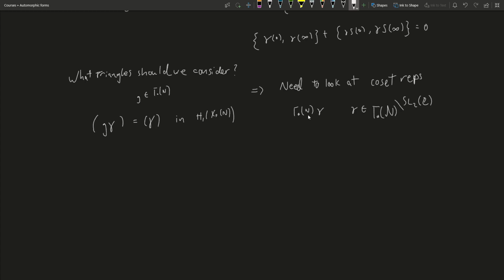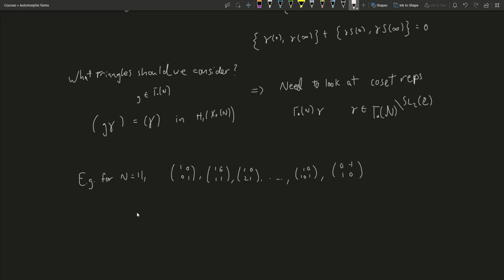Right, so a set of coset representatives that you can take for 11: you can consider the identity (1, 0, 0, 1), then (1, 0, 1, 1), (1, 0, 2, 1), dot dot dot, (1, 0, 10, 1), so you have 11 of these, and then you also need to consider (0, -1, 1, 0). All right, so you can take these 12 coset representatives.